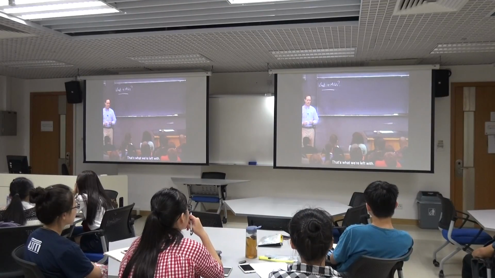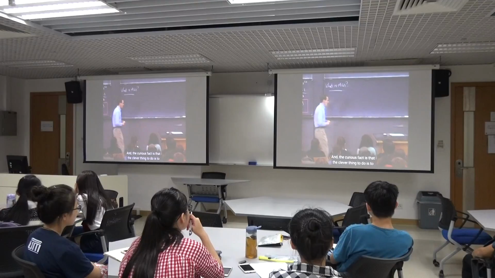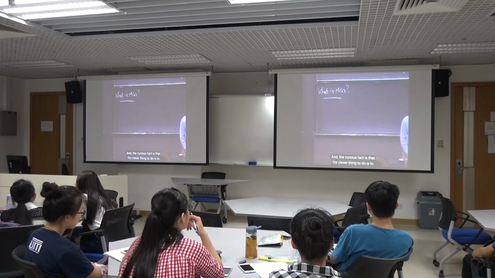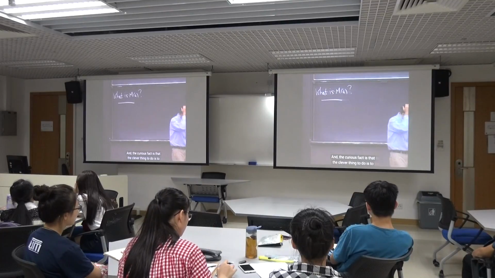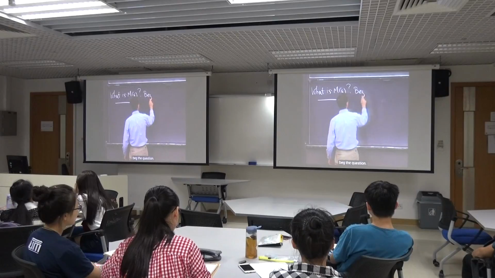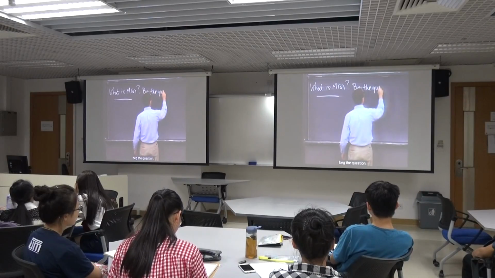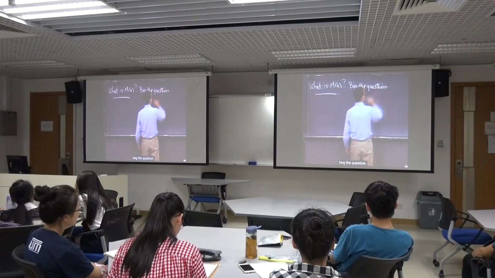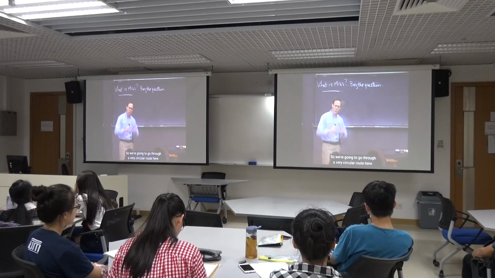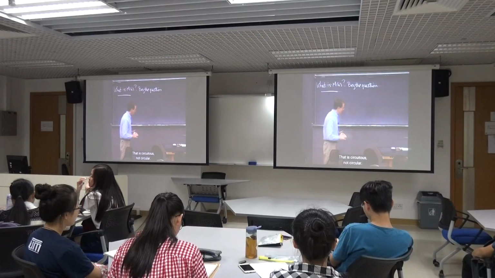That's what we're left with. And the curious fact is that the clever thing to do is to beg the question. So we're going to go through a very circuitous route here, not circular.